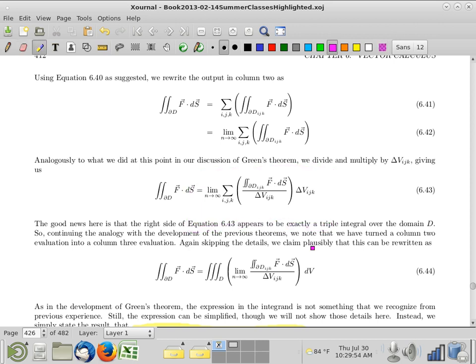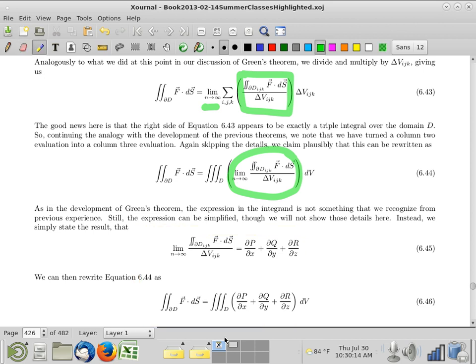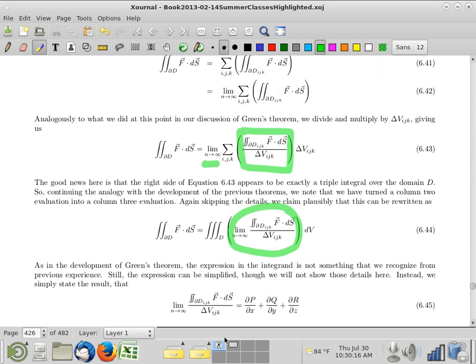All it remains to decide is what is this expression. It's sort of the limiting value of that expression. I'm skipping some rigor issues and formalities that aren't what I want the focus of this course to be. And again, bad news, just like with Green's theorem, this doesn't happen to be something that we've seen before.